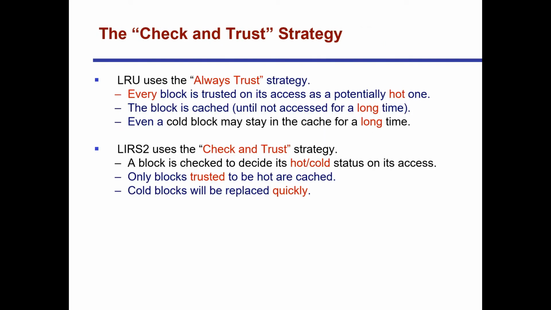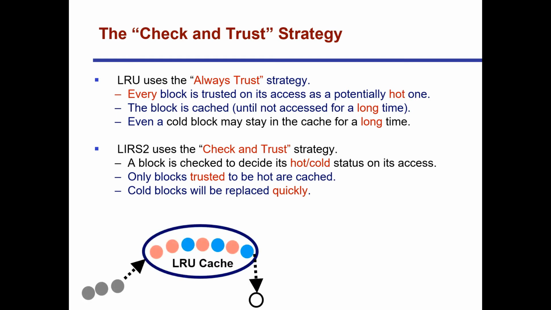To understand LIRS2, let's first compare the design principles of LRU and LIRS2. LRU uses an always-trust strategy. In LRU, every block is trusted as a potentially hot one, and the block is then cached until not accessed for a long time. So in this way, even a cold block may stay in the cache for a long time before it is replaced.